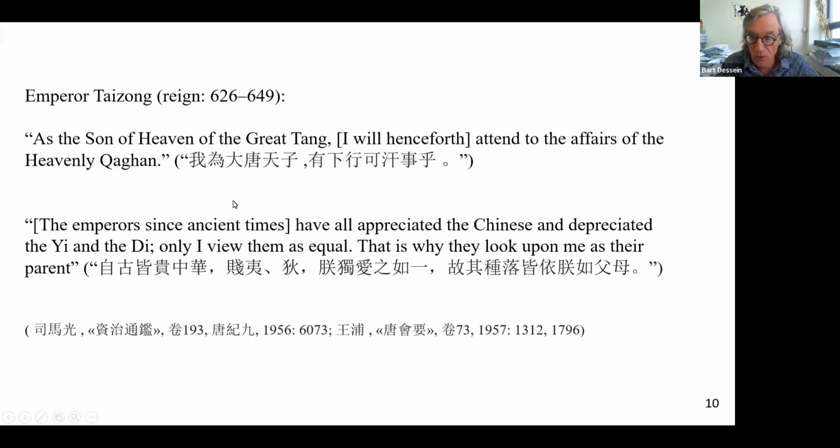Again, a very Confucian interpretation of history and of intercultural contact: the Chinese emperor as a kind of preserver of a harmonious order between China and the lands in the periphery of Chinese culture.